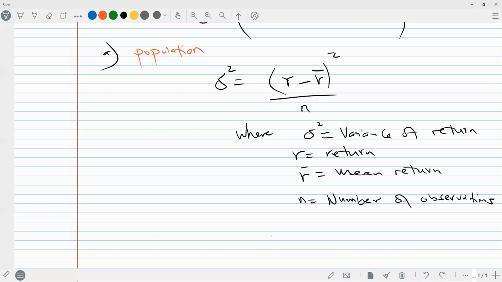You'll be having 12. So N represents the number of observations. In your data set, how many do you have? That is called the number of observations. That's how we get the variance in the case of population.